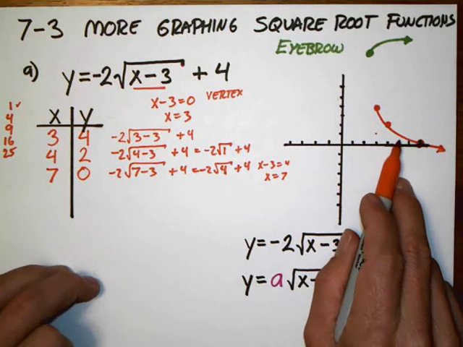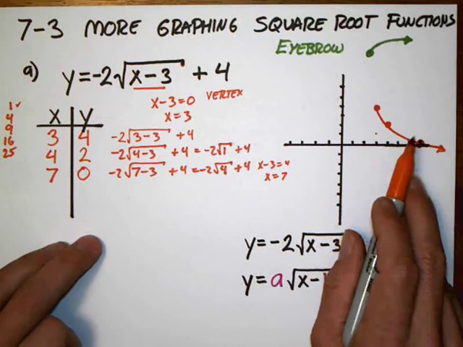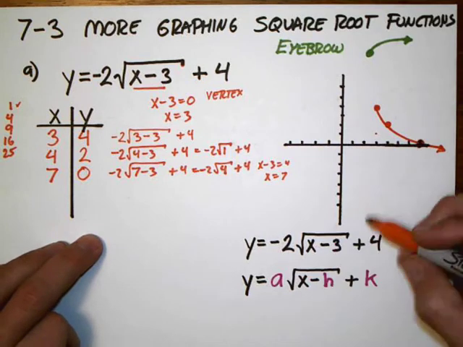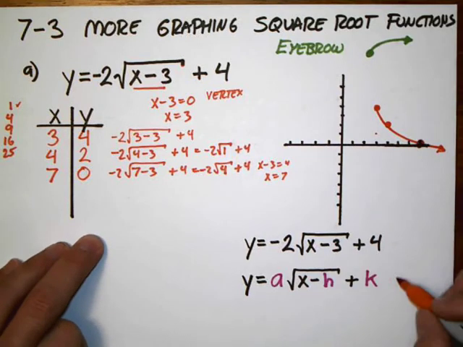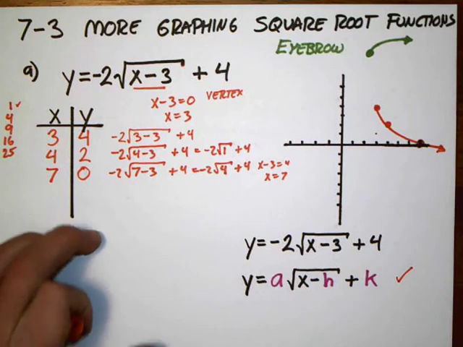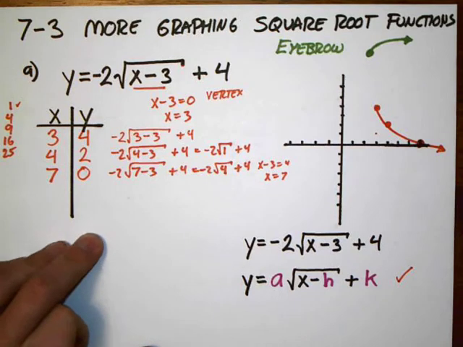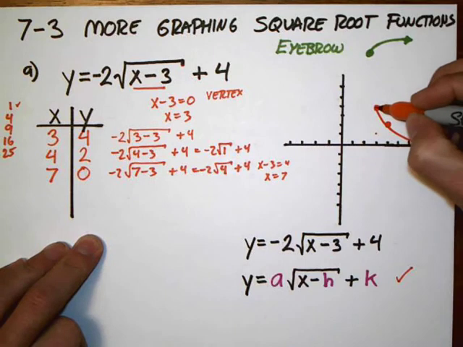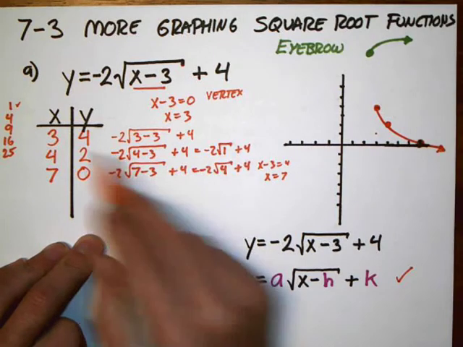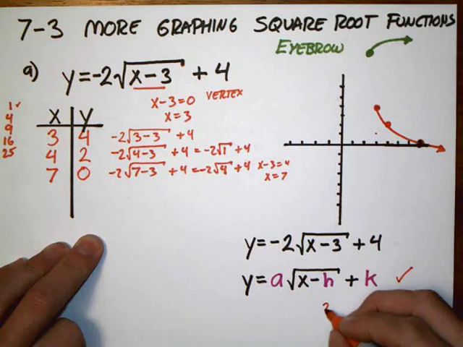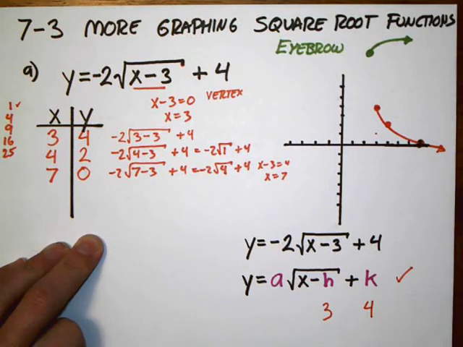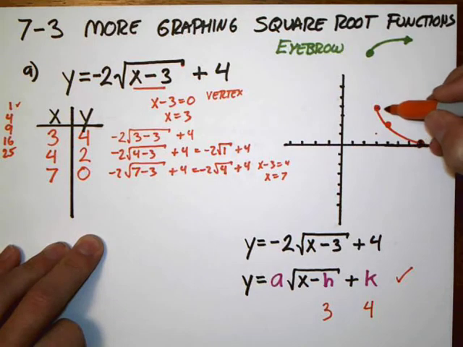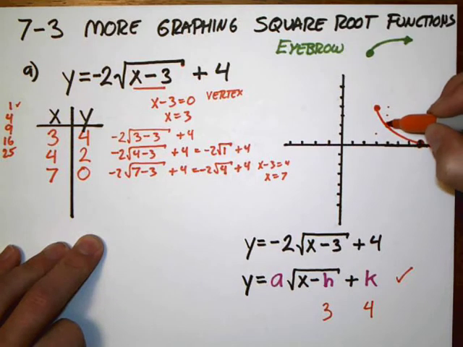So let's talk about what this really looks like. Let's remember HK form for parabolas. Well, we can have the same idea of HK form for a square root sign. So when we think about it, where was our vertex? Well, our vertex was right here, at (3, 4), which is (h, k). And our a value, when I went over 1, this dropped down 2.